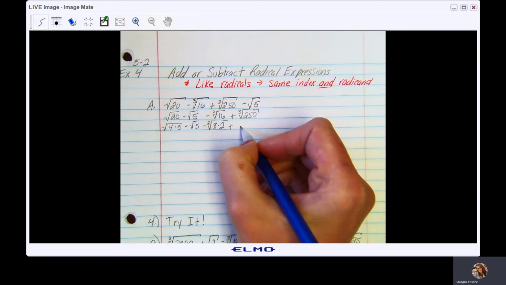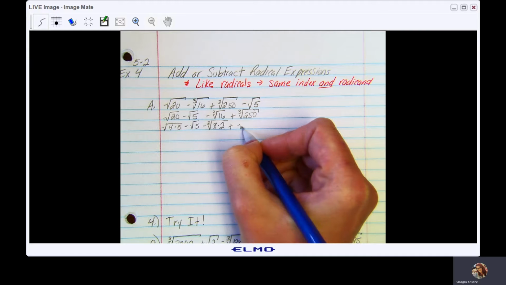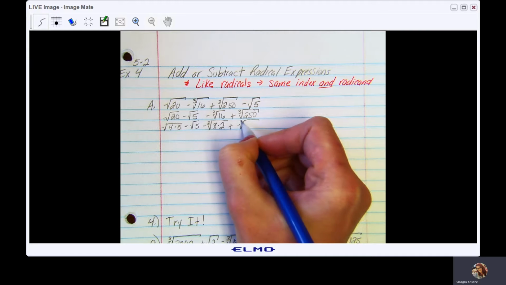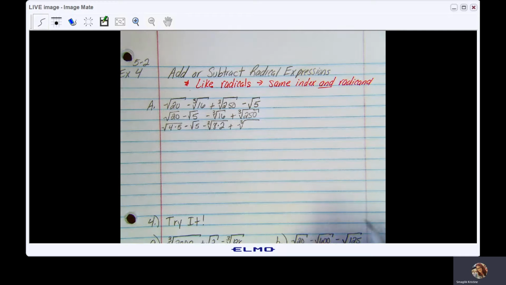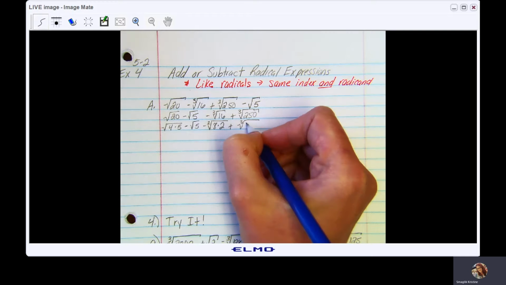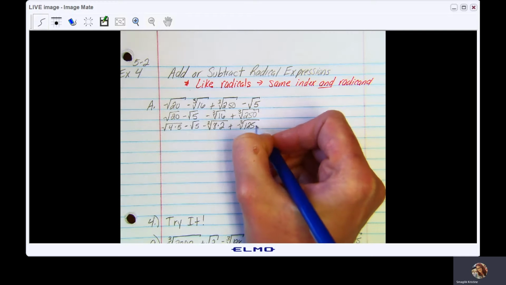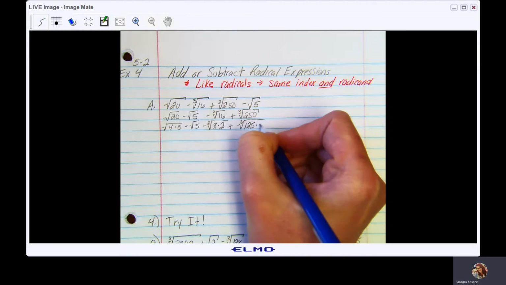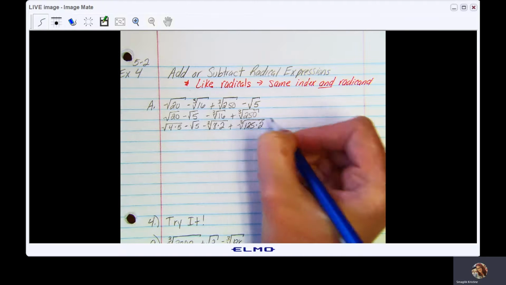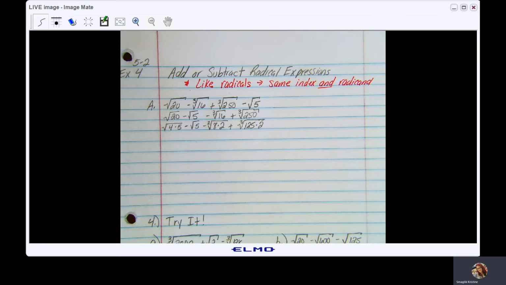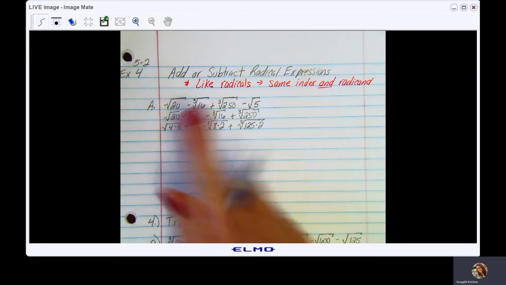Now, cube root of 250. Again, I need factors that are a perfect cube, and I'm thinking 125 times 2. If you remember, 125, we've seen this a few times in our lessons. 125 is 5 raised to the third power.